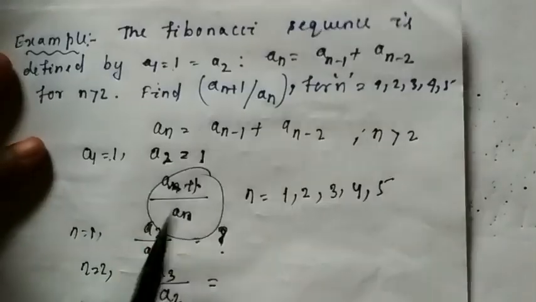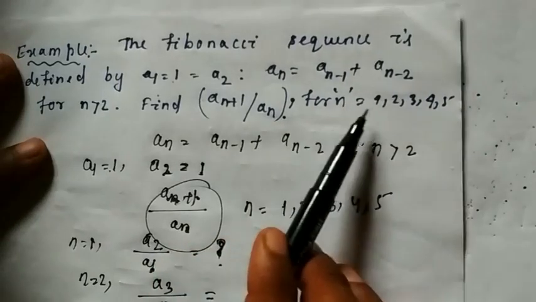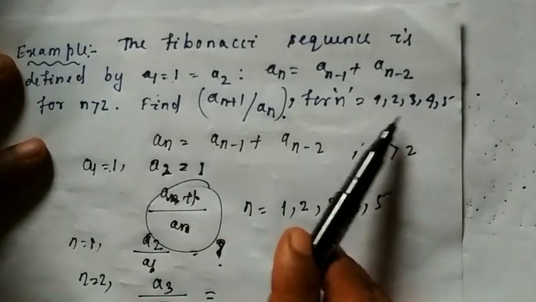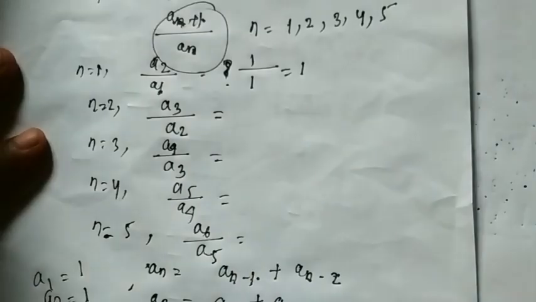Now you can substitute here according to our required question. You have to find an plus 1 by an, for n is equal to 1, 2, 3, 4 or 5. For n is equal to 1, you need to find a2 by a1. a2 is 1, a1 is also 1. So 1 upon 1 is 1.